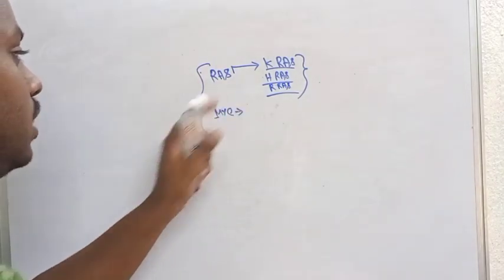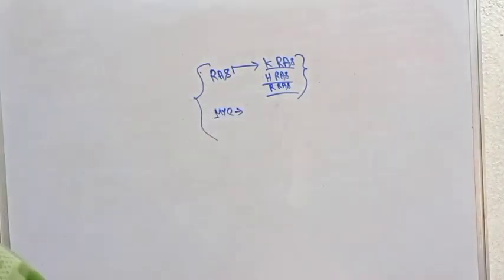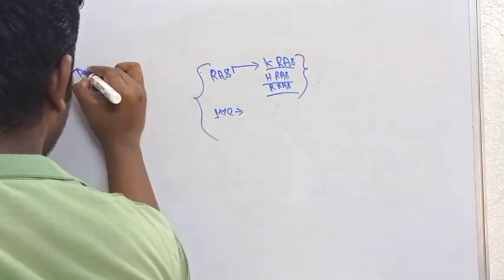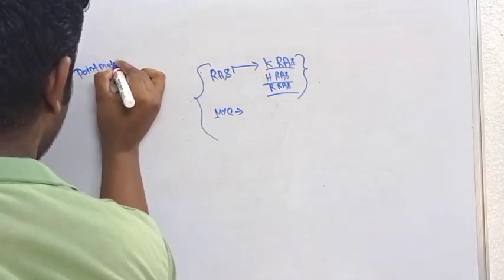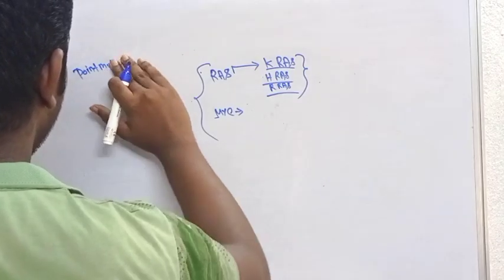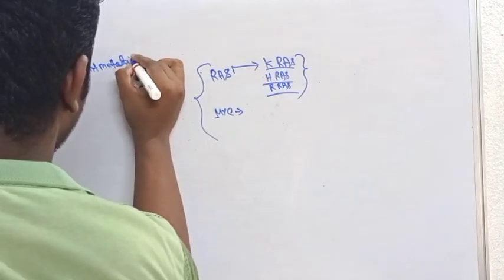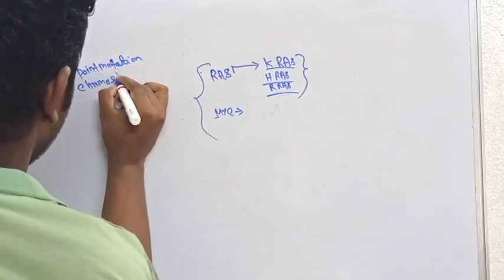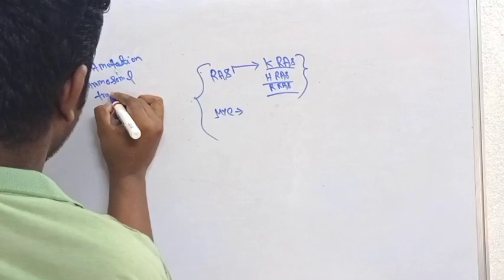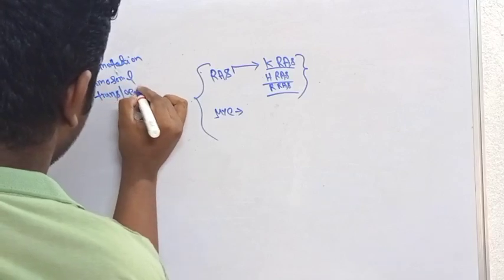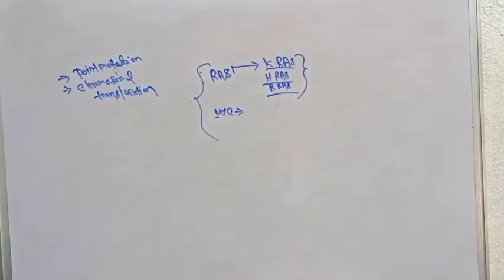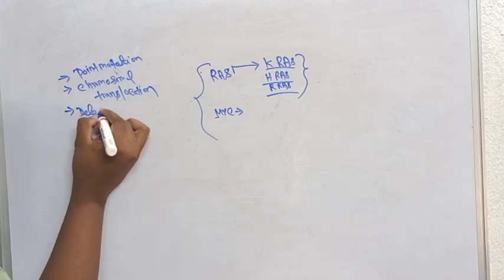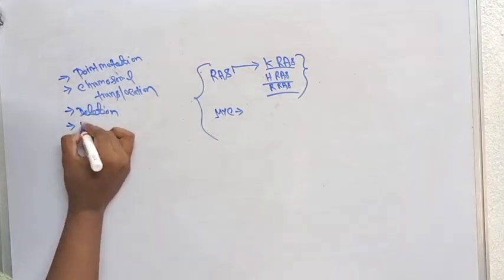If this gene is mutated, the mutation can be due to point mutation, chromosomal translocation, deletion, or duplication. These are the different kinds of mutation.